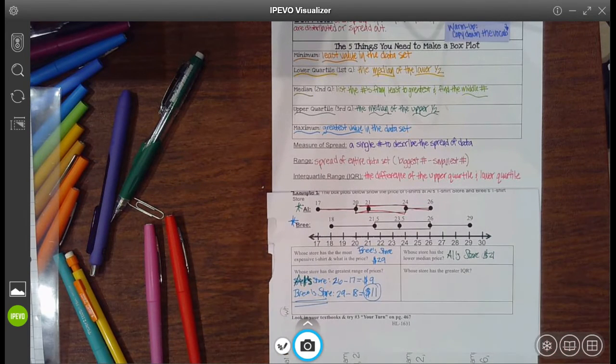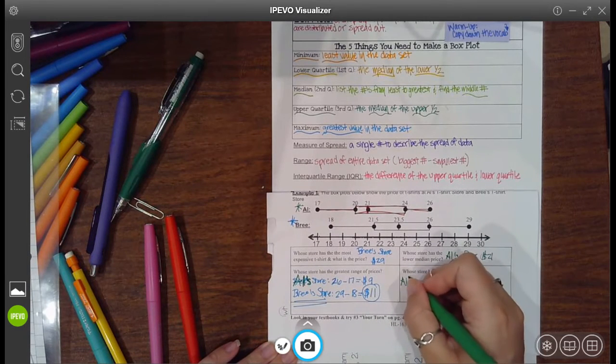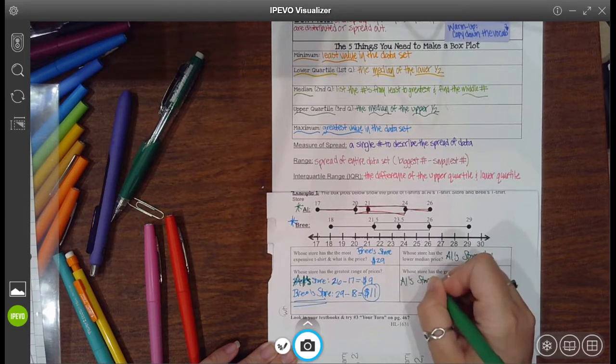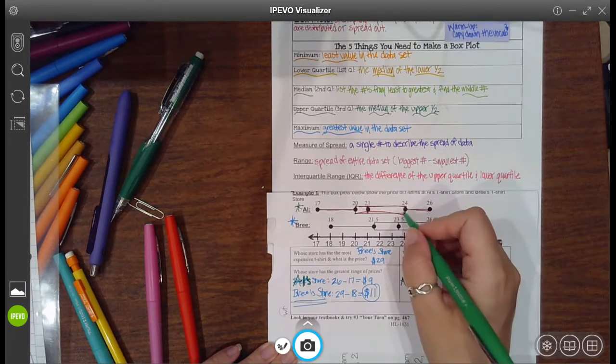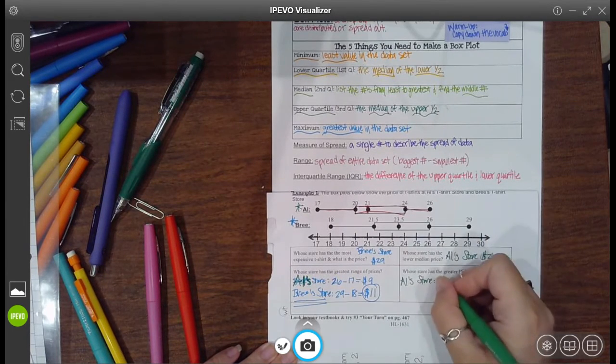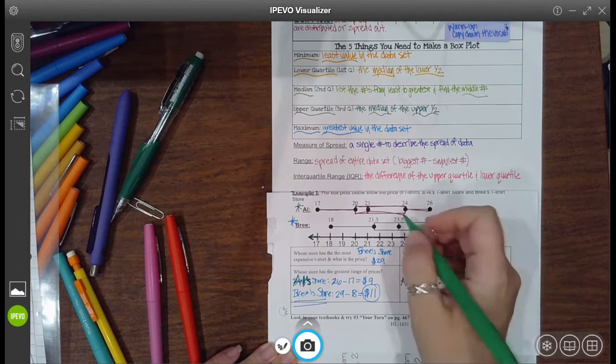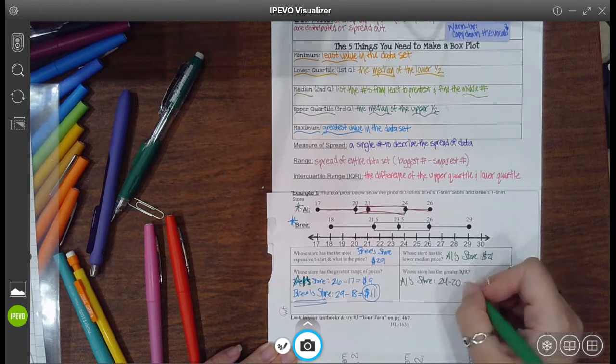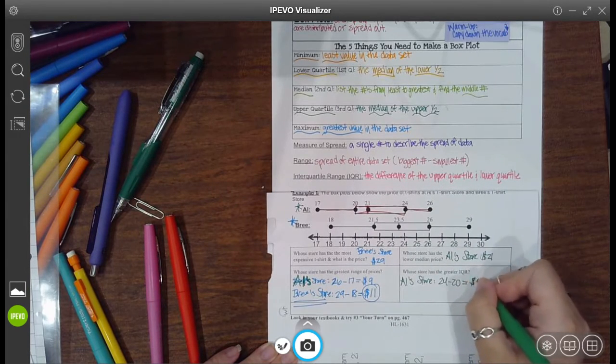Whose store has the greatest IQR, or interquartile range? Okay, so Owl's store, his interquartile range is 24 minus 20, because you take the upper quartile minus the lower quartile. So his is $4.